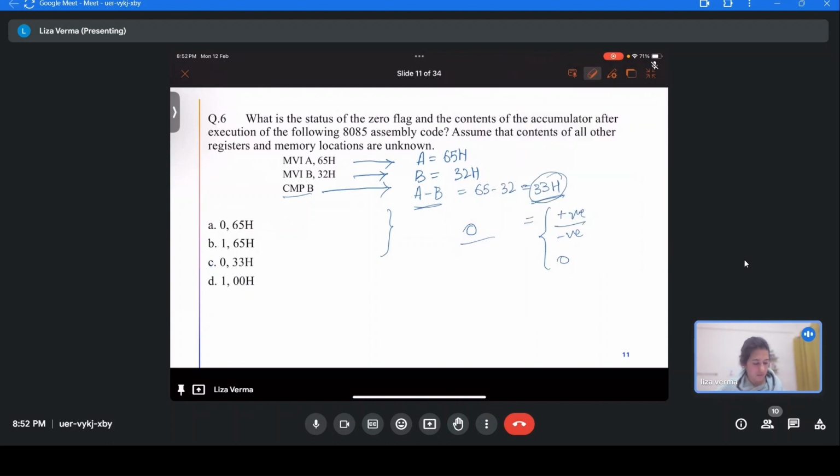Since it's not an actual subtraction instruction, it won't change the contents of the accumulator. It only compares and then modifies the flag bits. So A will contain its original value 65. So A is the correct answer. Right? Okay.